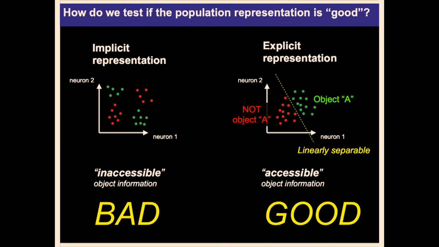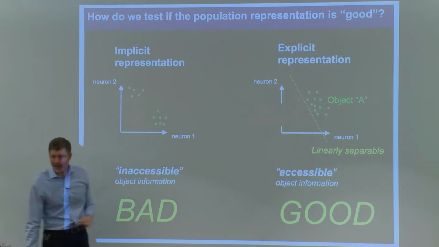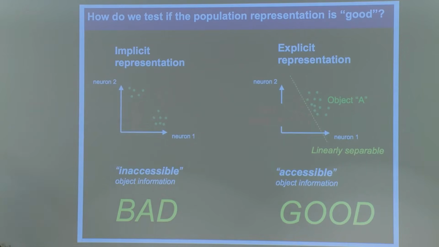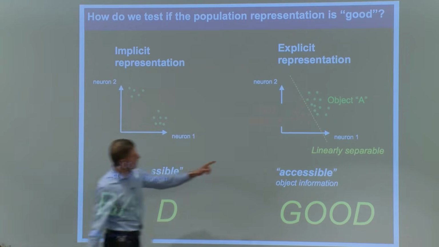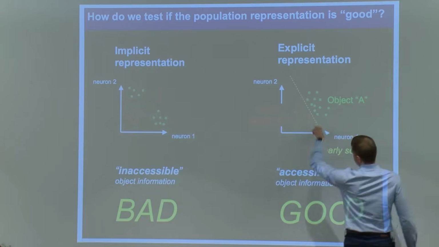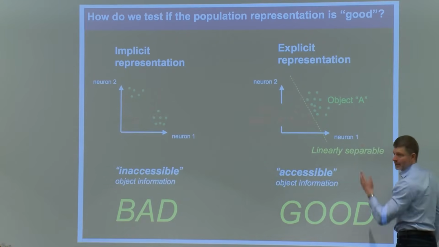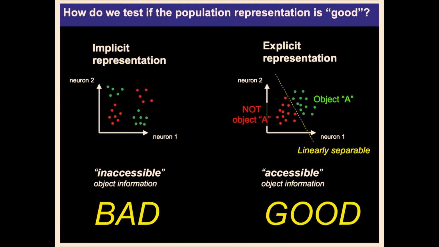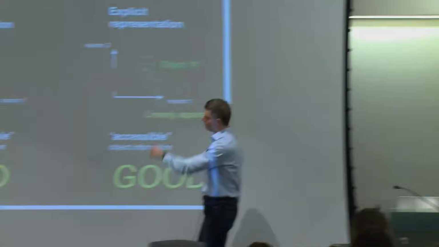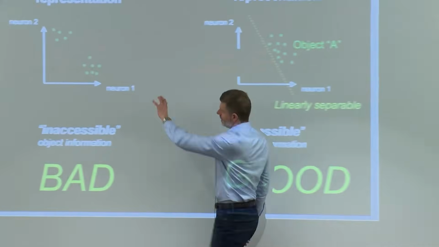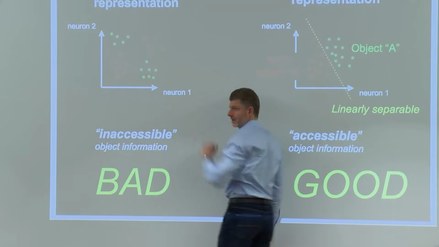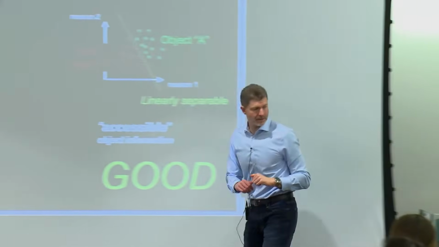You can't lay down a plane and classify these things linearly. Here you can, right? These are linearly separable. So there's a plane that puts the green dots on one side and the red dots on the other. Okay? So we call this an explicit representation and this an implicit representation. And of course, it could be much worse than this. The red and the green could be completely intermingled in principle. Okay.